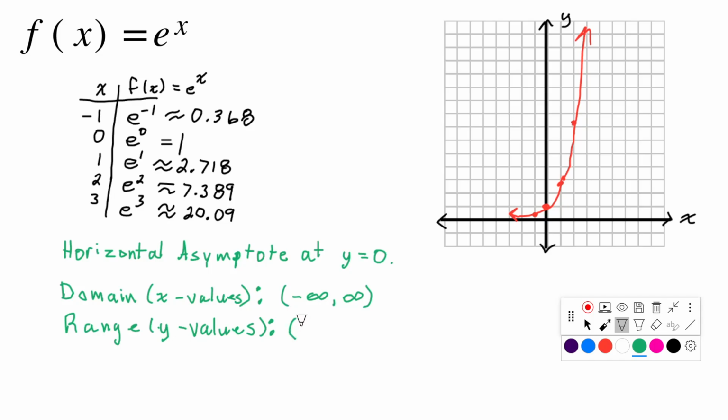So our range is going to have parentheses 0. And we can see from our graph it's going to continue upward, off to infinity. So from 0 to infinity is the range of the graph of e to the x power. I can also say that from left to right, as I follow my curve, this is an increasing function.